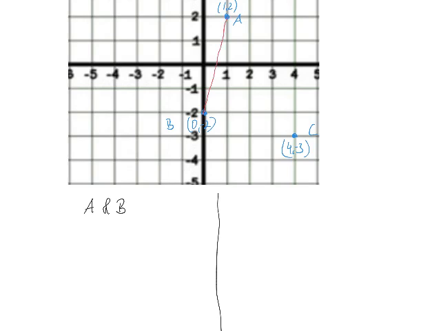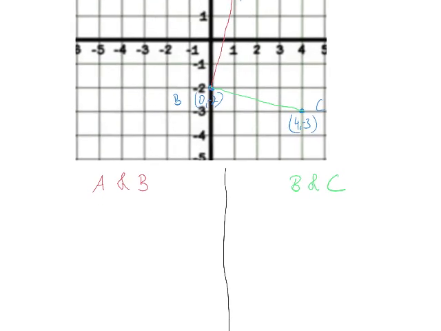And the second one would be the calculation between B and C, so this chord.